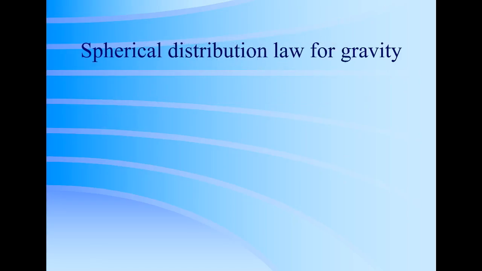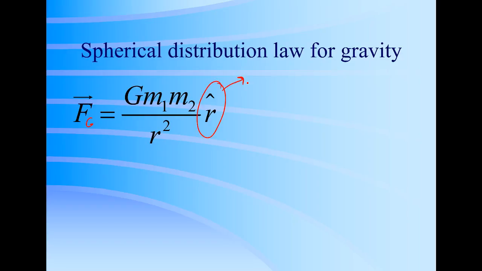And we can talk about the spherical distribution law for gravity. So here it is, and if you took mechanics last semester, this would look familiar. This is the force of gravity is equal to big G m1 m2 over r squared r hat. Now this r hat means that it is a radial force, which means that the force of gravity travels along a radius between two objects, for example.